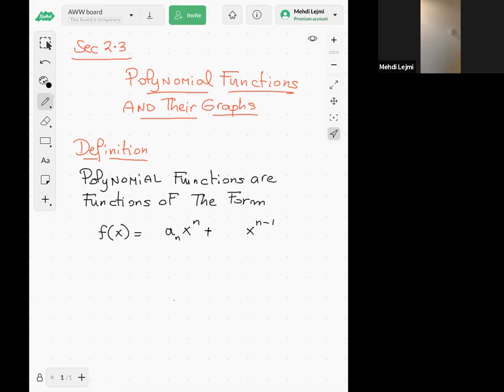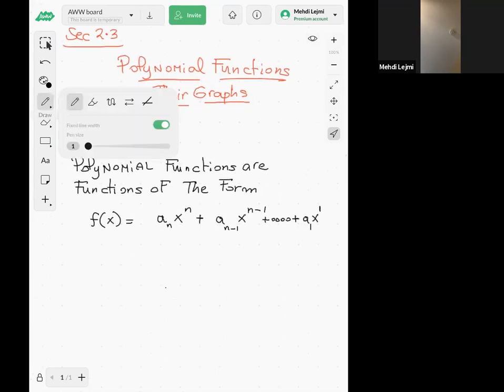In front of x to the power n minus 1, there is a number a subscript n minus 1, plus etc. At the end we have x to the power 1 with a subscript 1 in front, and then plus a constant at the end, a subscript 0.